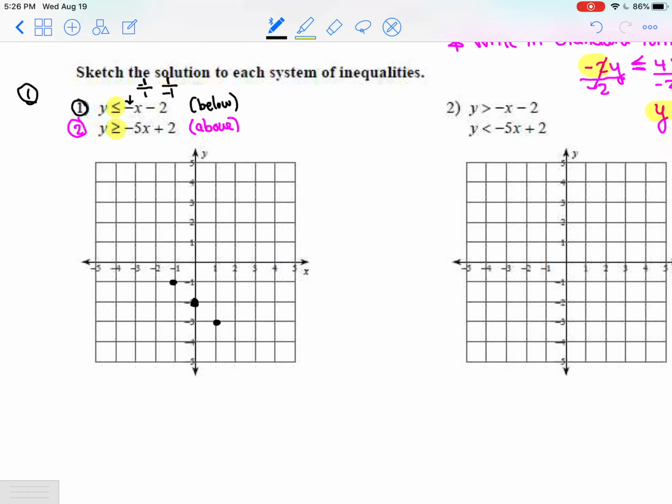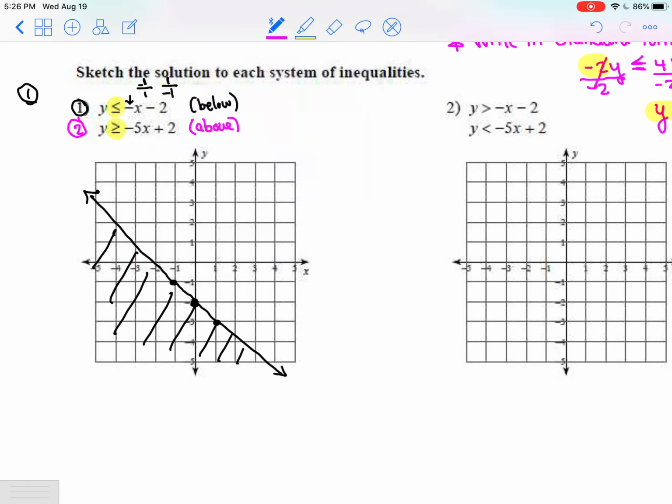You can see that all of these points are still in line with each other. And we know that it's going to be a solid line. We've already decided on that. We also know that we're going to be shading below this line. Okay, so all this region in here is going to be our solution for equation number 1.